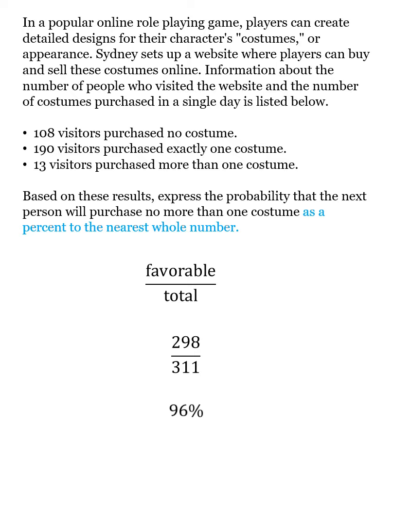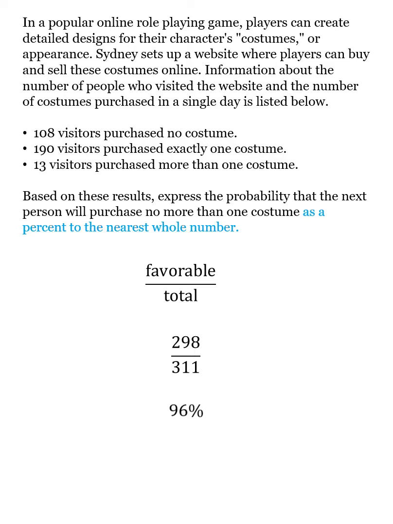Before we go on to our last problem, let's analyze the answer in terms of whether it makes sense or not. Look at the data in the bullet points in the middle of the problem. It looks like the majority of customers or visitors either bought no costume or exactly one. Very few people purchased two or more, which is the same as saying more than one.